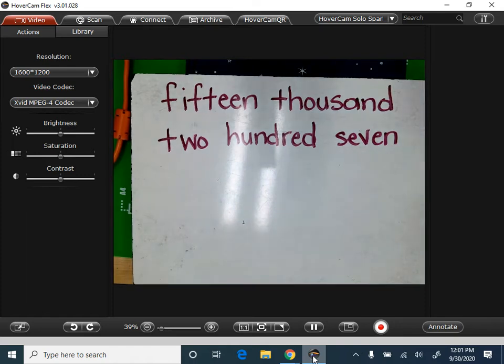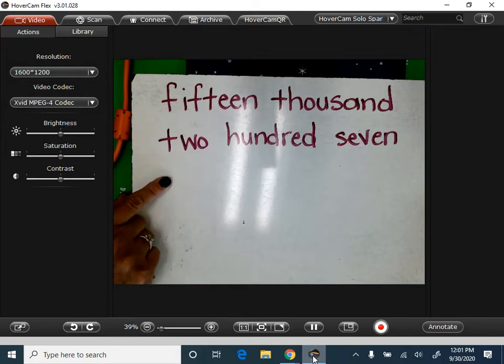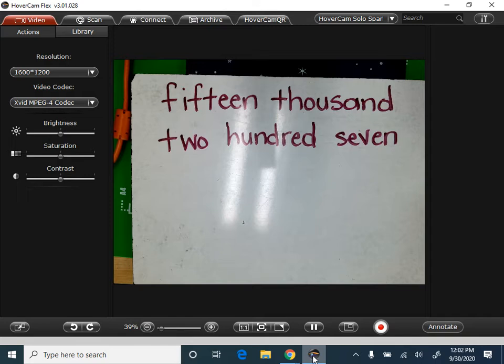Okay, so if this is word form, 15,207. There are a couple things that could try to trick you up on this one. Here's what I do when I need to go from words to standard. I always look for those key words that mean it's like the last name of the family.